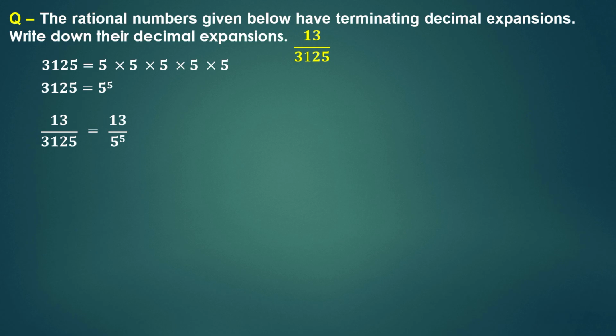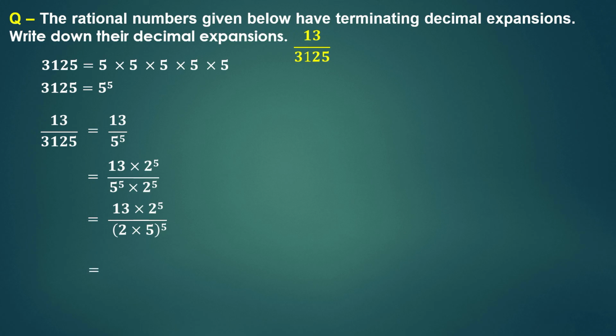Now, in the denominator, we need to make the power of 5 and the power of 2 equal so that we can get a denominator of the form 10 to the power k. So, we will multiply the numerator and the denominator with 2 to the power 5 so that we will get a denominator of the form 2 into 5 whole to the power 5.